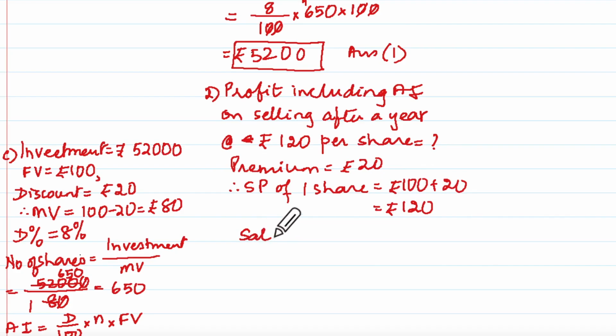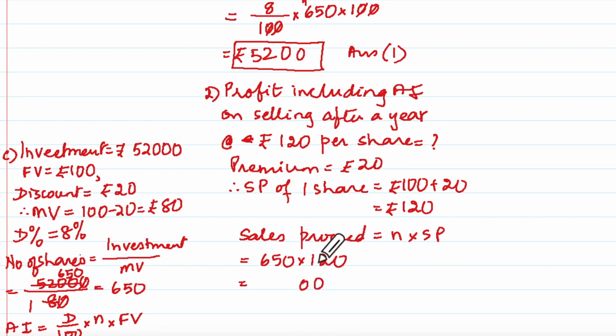Then sales proceeds: number of shares multiplied by SP of each share. So this will be N into SP. Even if you write this, that is fine. So 650 multiplied by 120. Keep the two zeros ready. 12 5s are 60, carry 6, 12 6s are 72, 78.